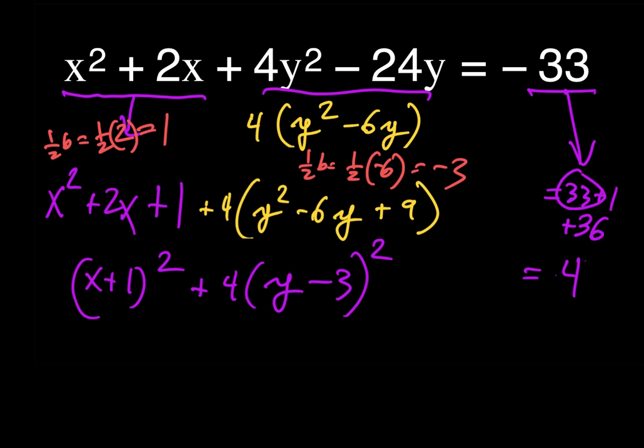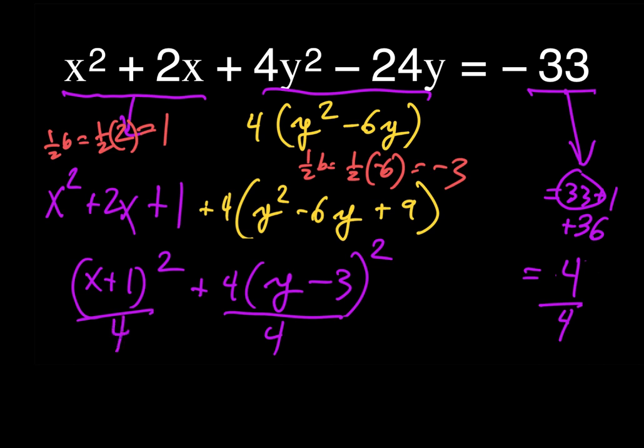All right, and then the last thing I have to do, since I know that this is not a circle, and the other reason why I know it now is this has a 4 out in front and this one only has a 1. An ellipse has to equal 1 in standard form. So I have to figure out, how do I make this a 1? I do it by dividing by 4.